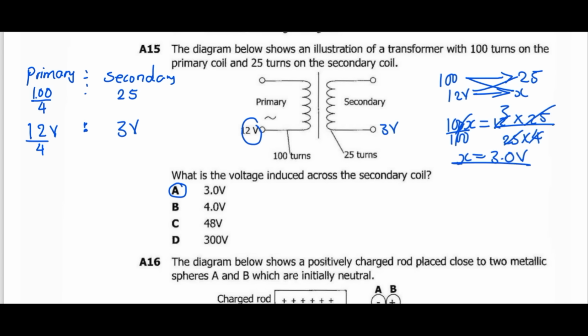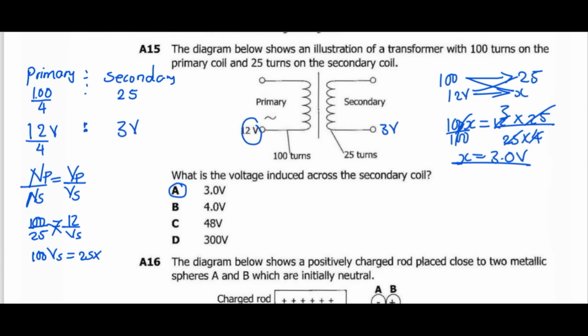Or if you want, you can also use the formula: number of turns on the primary over number of turns on the secondary is equal to voltage on the primary over voltage on the secondary. So number of turns we know on the primary is 100 over 25, which is equal to 12 over Vs. So we can see that we still get the same answer.